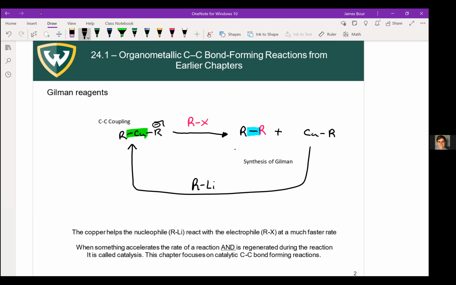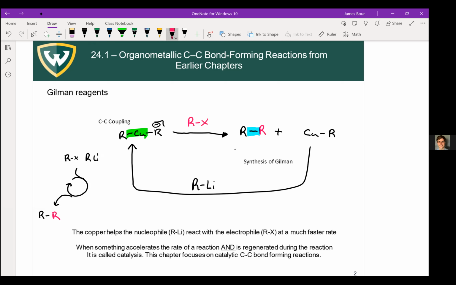And in fact, our copper could go around in circles and take in substrates, our X and our lithium, and it could spit out products where R is coupled to the other R group. Now, why couldn't this cyclic pattern occur with the copper so that way we could use less copper?